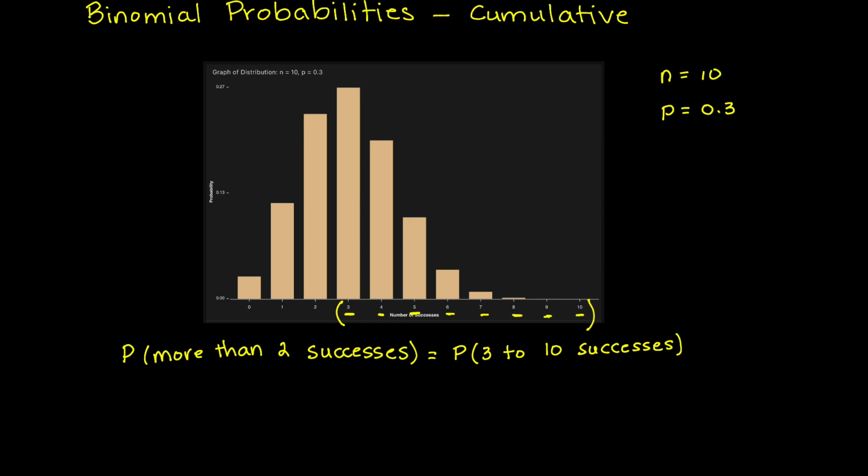In order to use the calculator to find this, I'm going to say, well, what's the opposite of that? In this case, that would be 0 to 2. So I'm going to turn this into 1 minus the probability of 0 to 2 successes.